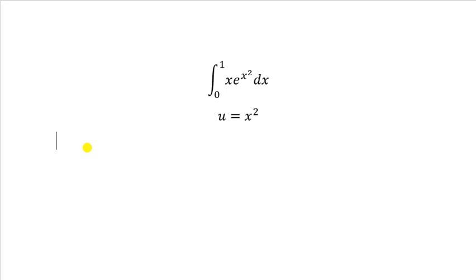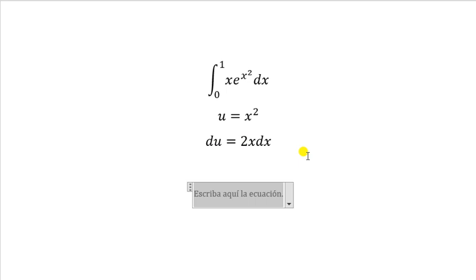Okay, so next, the idea of solving by substitution is to find the derivative of u, the u we just found. So in this case, the derivative of u would be 2x dx. Now, there is a trick to substitution that will help you most of the time, if not all the time, where we need to solve this equation we just got for dx.